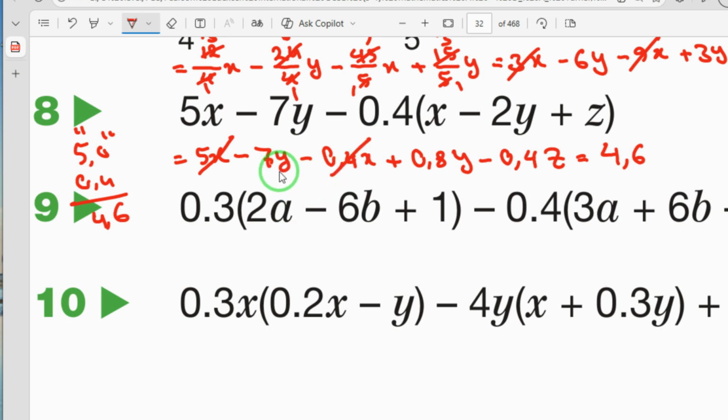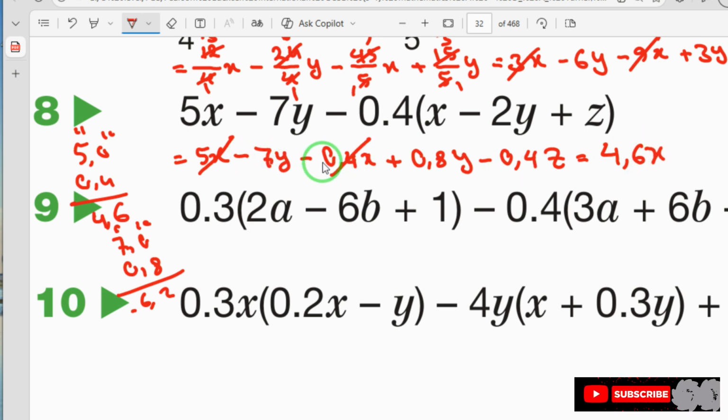And here we have minus 7y plus 0.8. We subtract as well, 7.0 minus 0.8. 10 minus 8 remains 2, and we borrow from this one, remains 6. 6.2, but the sign is negative because the negative is bigger than the positive. So this part remains x, because it's x, I forgot to write it before.